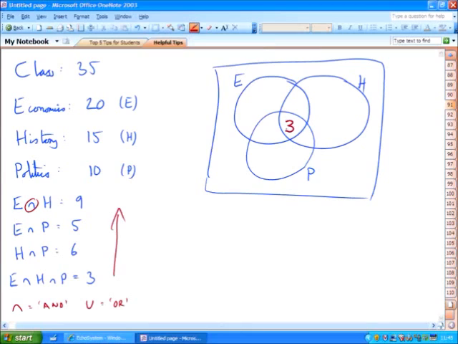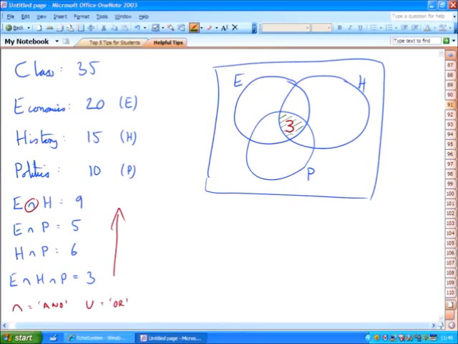So the number 3 goes in here, because that's the only area of the Venn diagram where all 3 circles overlap. Those 3 denote the students who study all 3 disciplines of economics, history and politics.